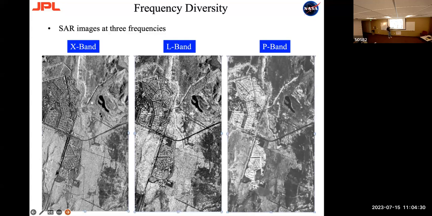The L band, we seem to get more separation here between the various building structures and the roads. And the P band looks like we get dark areas, really bright areas in the urban areas, but we still get sort of reasonably good road separations.